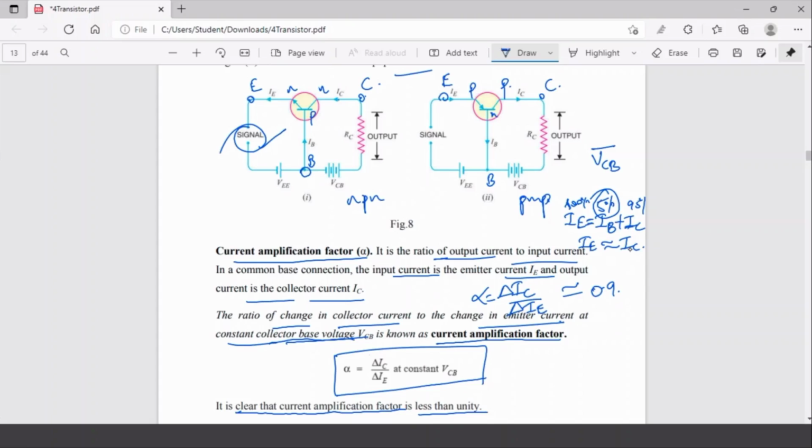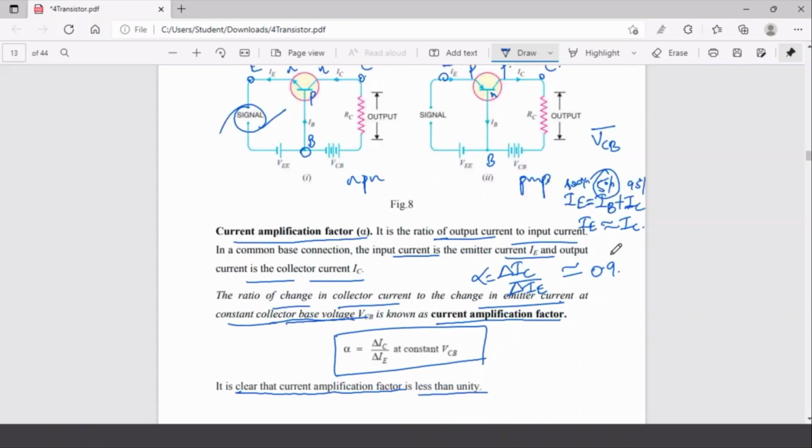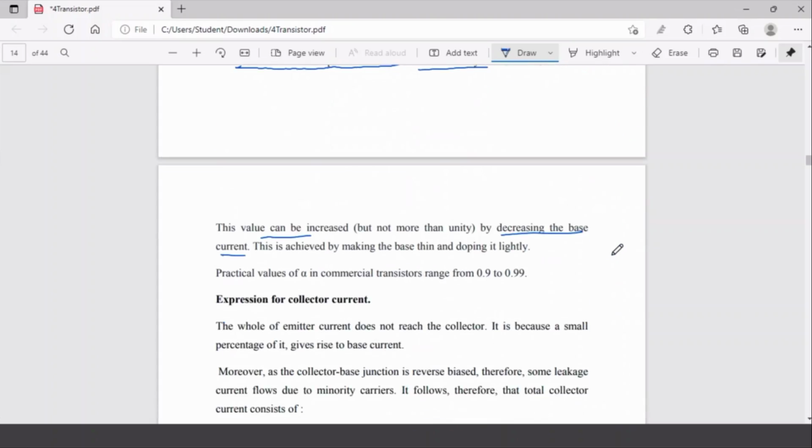If we further reduce this to 2%, then IC will be 98%, and alpha will become 0.98. So by decreasing the thickness of the base region and its doping level, we can increase the value of alpha. The practical value of alpha is in the range of 0.9 to 0.99. I believe everyone is able to understand this.